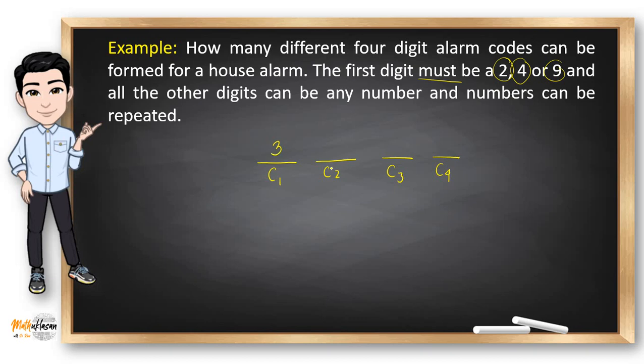So three here. Now for the remaining, remember, all the other digits can be any number. Okay, and the numbers can be repeated. How many digits do we have? We have 10 digits, right? We have 0, 1, 2, 3, 4, 5, 6, 7, 8, and 9. So these are 10 digits.